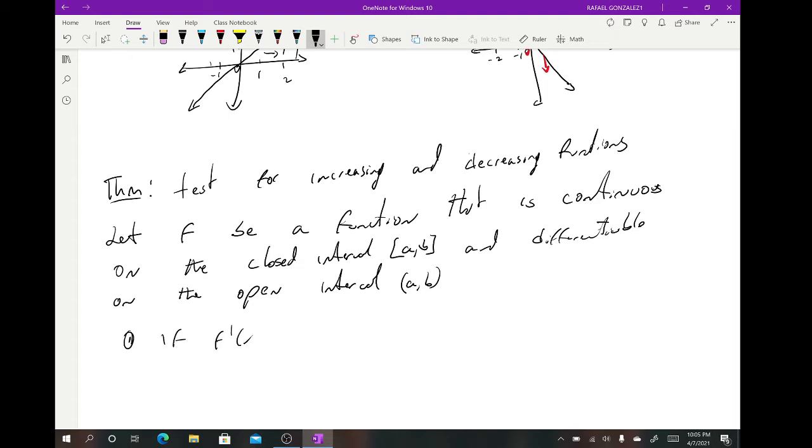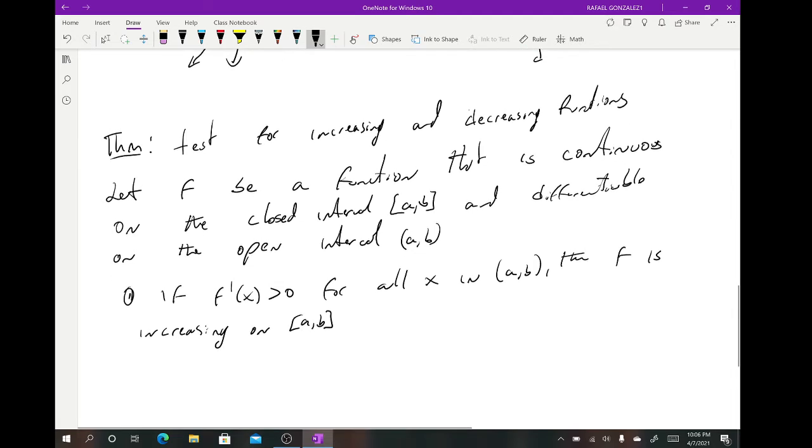1. If the derivative of f, f'(x), is bigger than 0 for all x's in the open interval (a, b), then the function f is increasing on the closed interval [a, b]. 2.